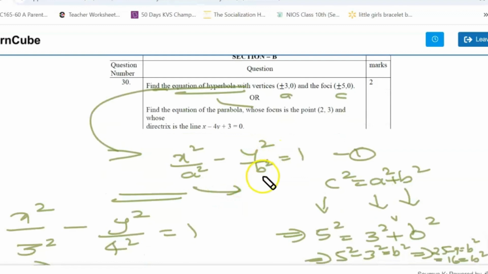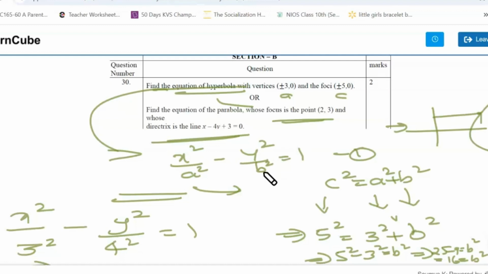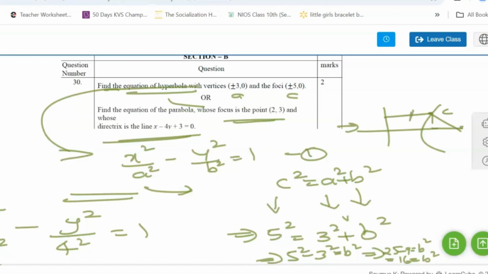The second one says find the equation of the parabola where focus is the point 2, 3 and directrix is given to you. So in that case, parabola has a property where, consider this is the axis, the distance from the directrix to this point and from this focus to this point.